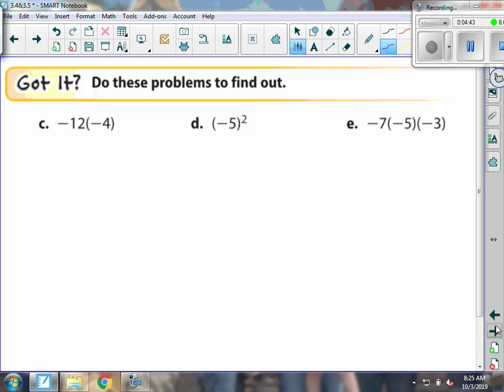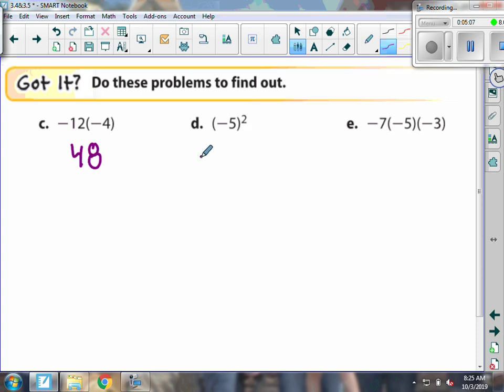Take a moment to try these 3 on your own. If you need more time, go ahead and pause this. Negative 12 times negative 4. That's a negative times a negative, so it'll be a positive, which gives us positive 48.